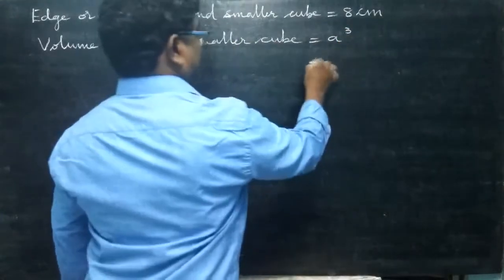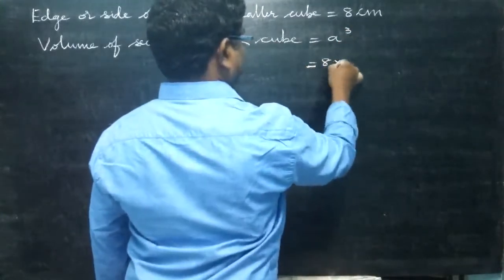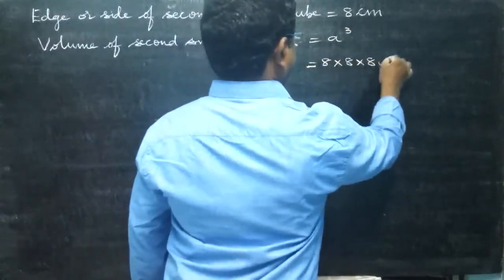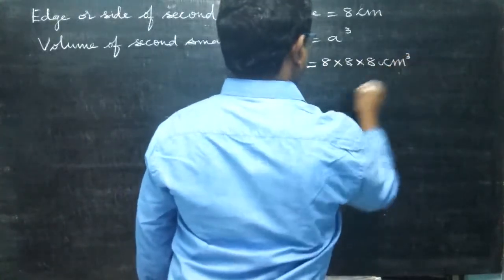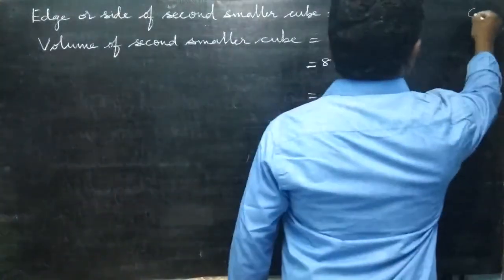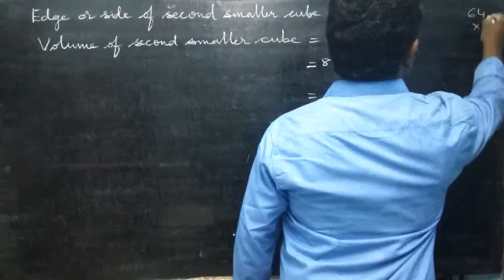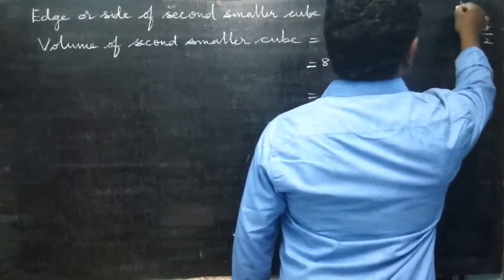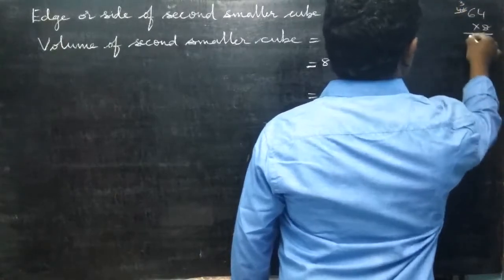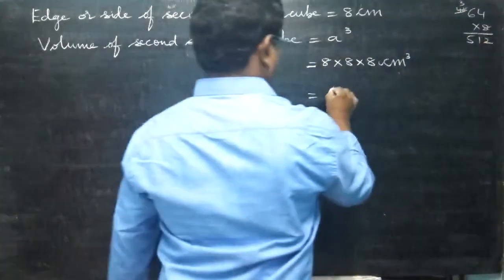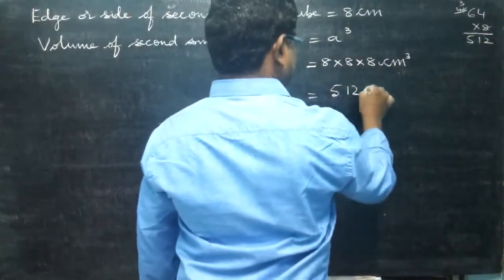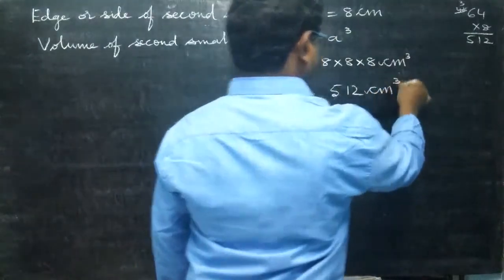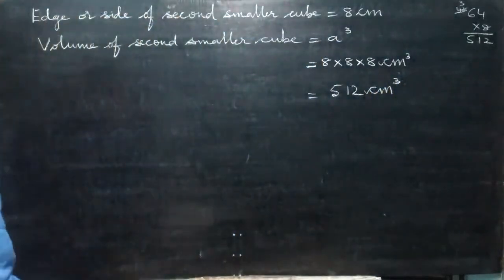Formula: 8 into 8 into 8 centimeter cube. 8 8s are 64. 64 into 8: 32, 3, 48. So 512 centimeter cube.